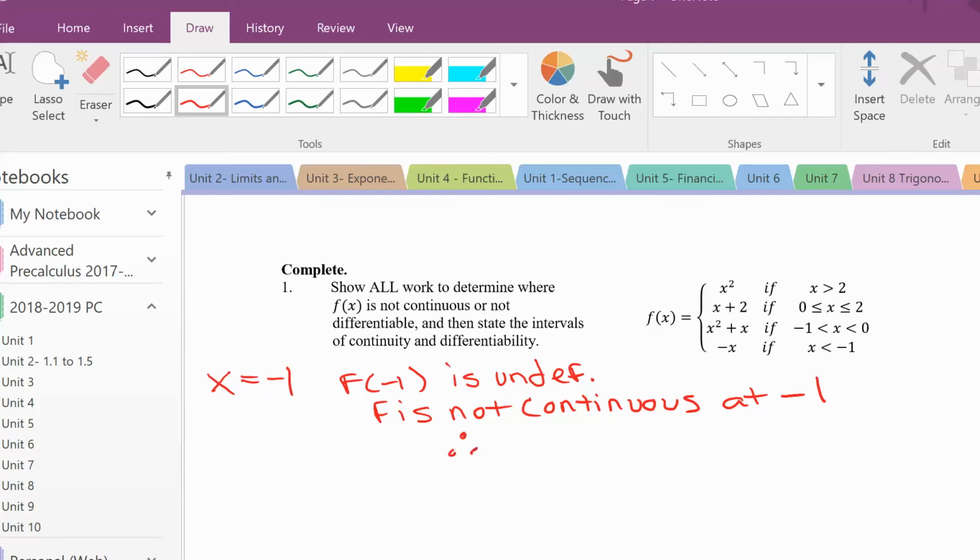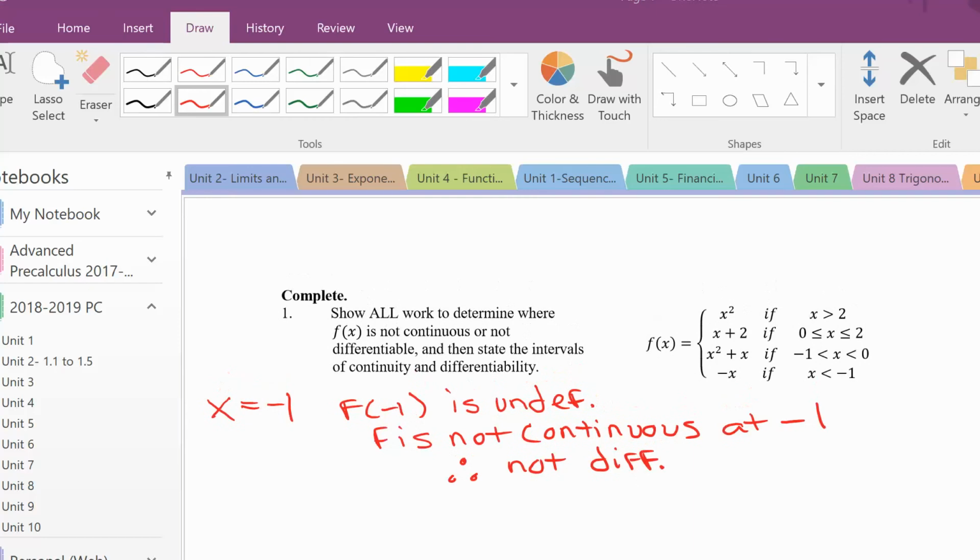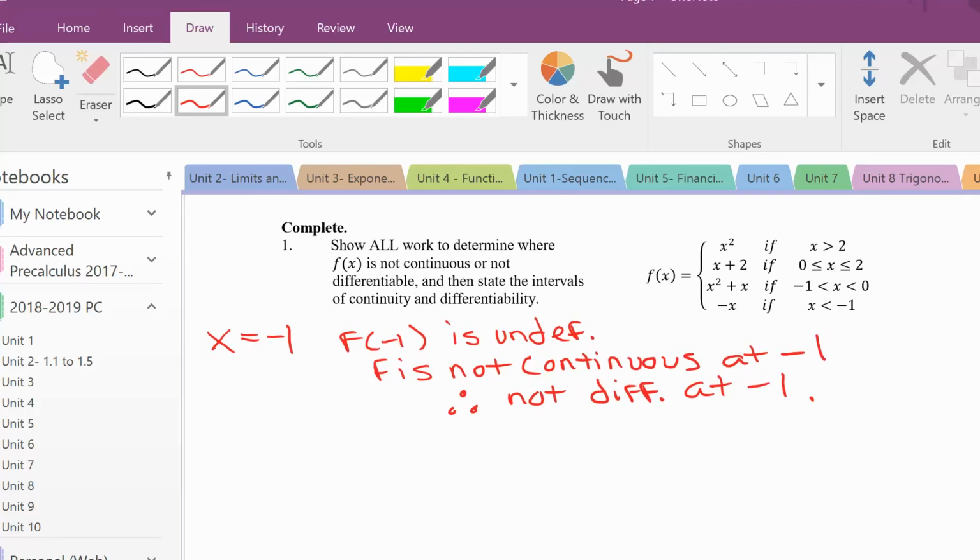And therefore, it is not differentiable at -1. So if it's not continuous at a certain point, then you know it's not differentiable.